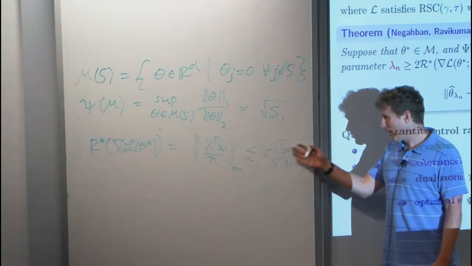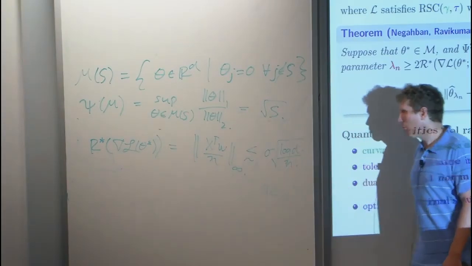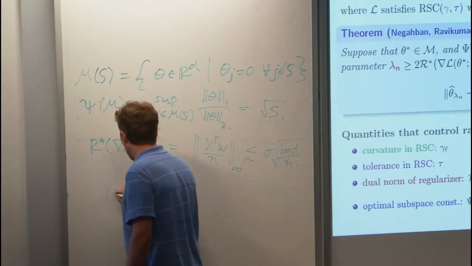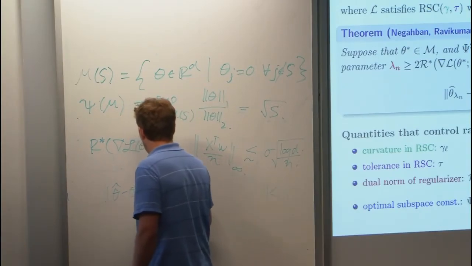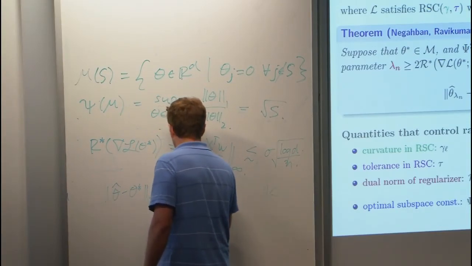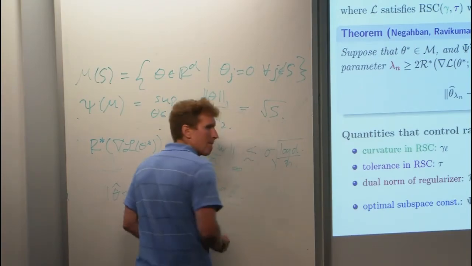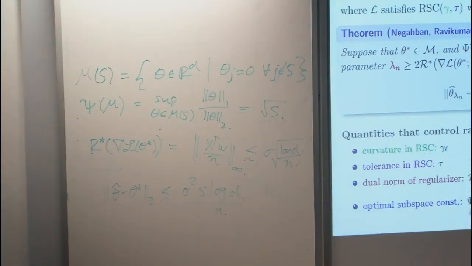So it means if you set lambda n a constant multiple of this, and I plug in the pieces, then immediately you get this bound. All right, so that's a special case.